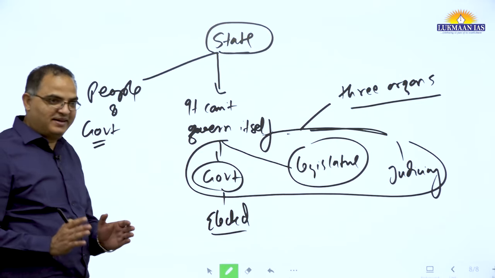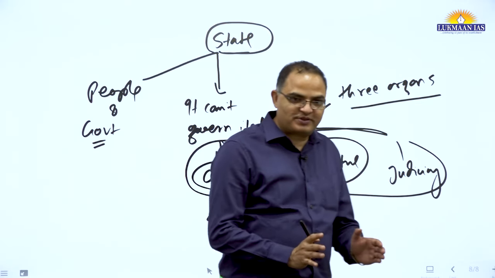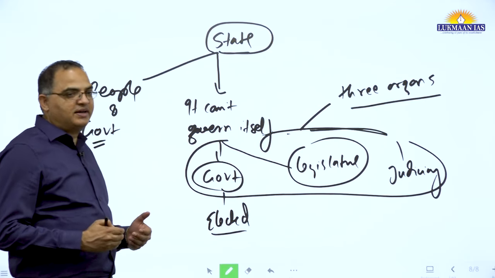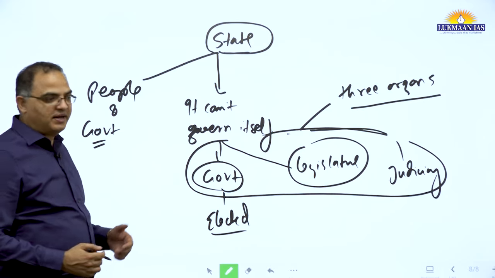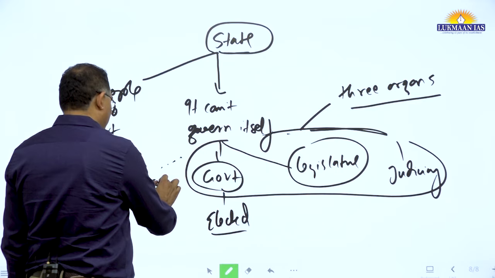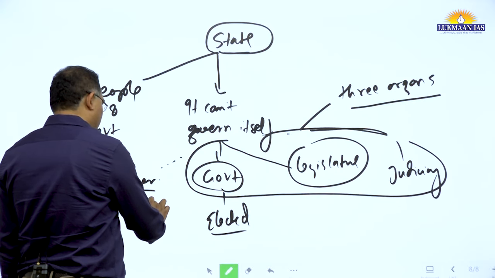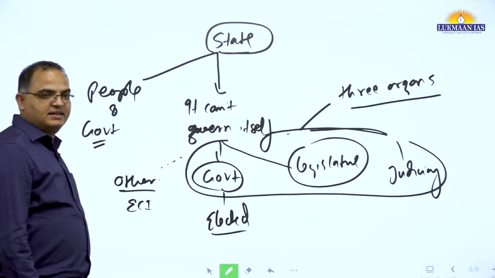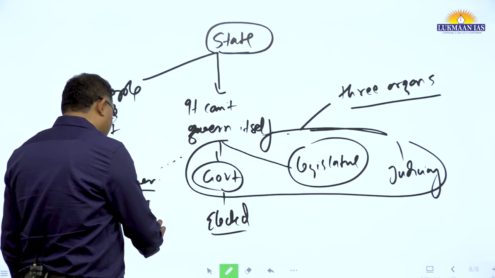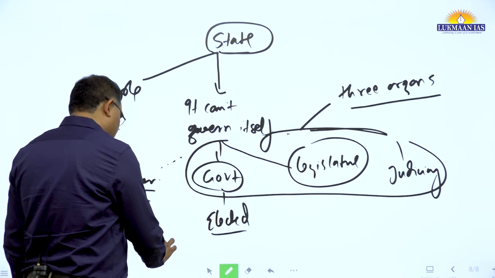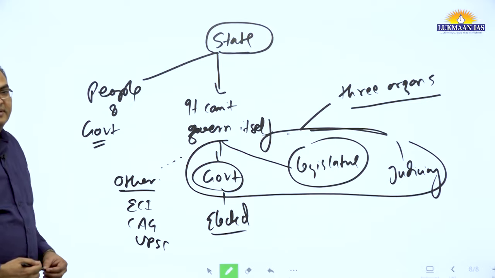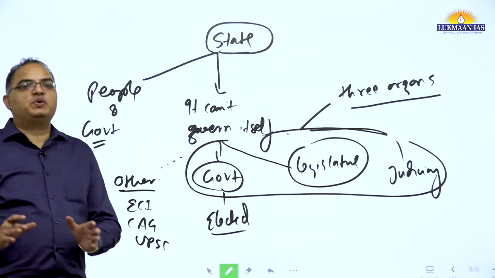Like, government has to conduct elections. To conduct elections, you need other institutions. We have the Election Commission of India. Then other machineries also, you need CAG, you need UPSC. They will become other pillars of the democratic polity, which we'll talk about later.